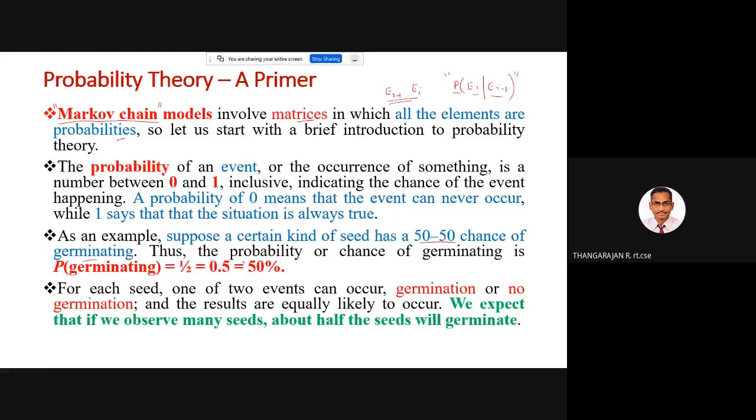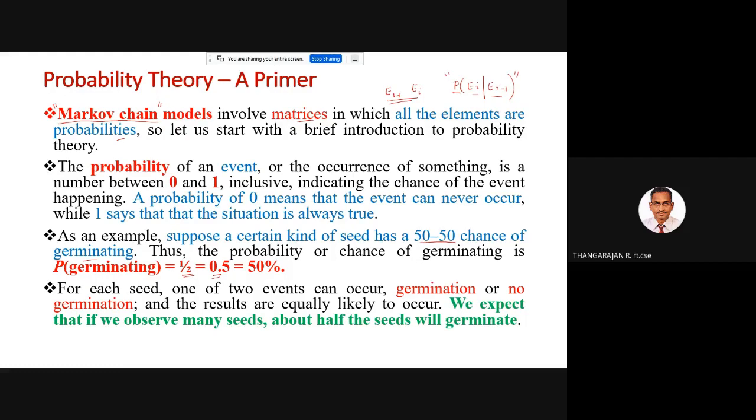Suppose I say the probability of germinating is half. That means if you put a seed in soil, there's a 50% chance that that particular seed will become a plant, or else it will simply decay. So that's a 50% chance.